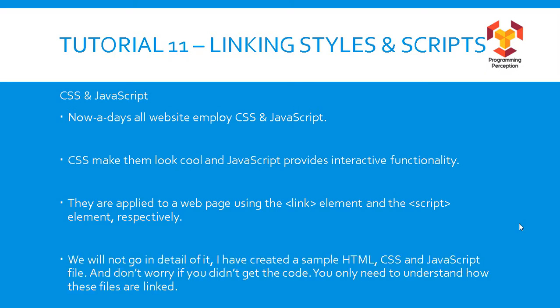We will not go into detail on CSS and JavaScript. I will create a simple HTML, CSS and JavaScript file. Even if you don't understand the code, you should not worry about it at all. You only need to understand how these files are linked to our HTML page, and the rest of the things are not important right now. We are going to discuss them in our separate course on CSS and JavaScript.